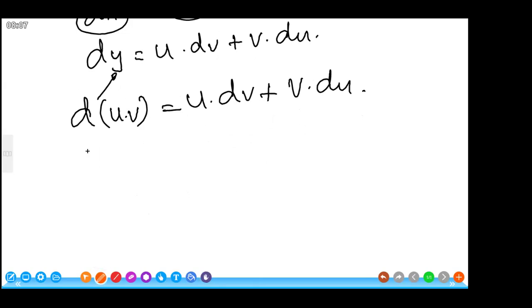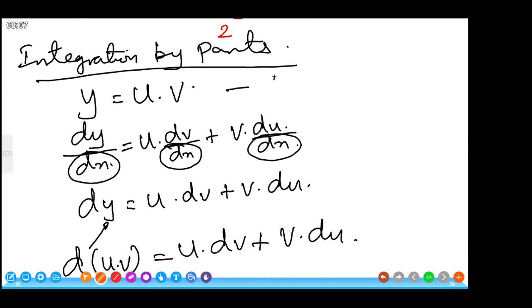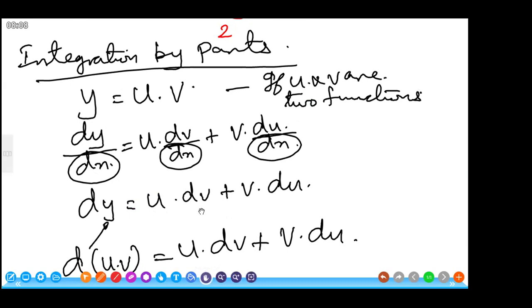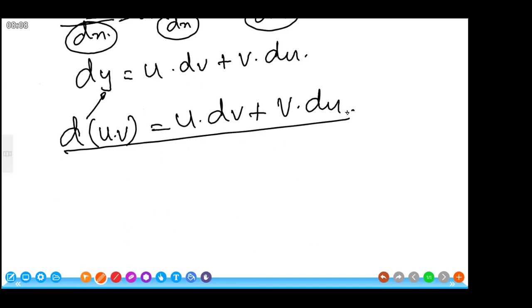So if u and v are two functions, then the derivative of uv is equal to u into dv plus v into du.